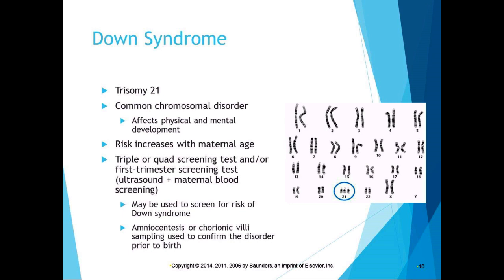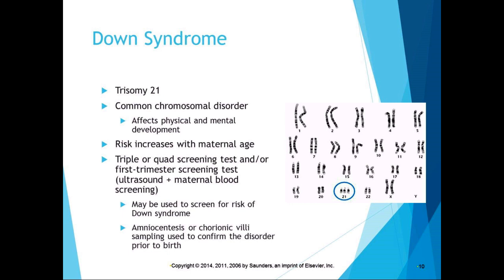So Down syndrome is a common chromosomal disorder. It's trisomy 21, and it affects physical and mental development. The risk of Down syndrome increases with maternal age, and there is a screening test that they do in the first trimester that includes ultrasound and maternal blood screening.